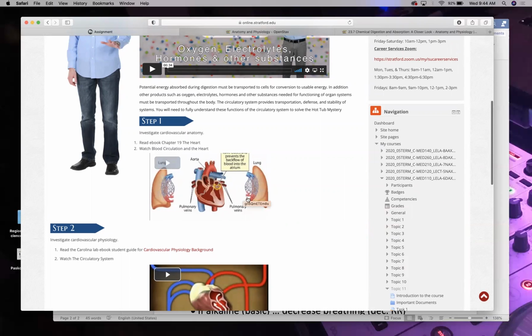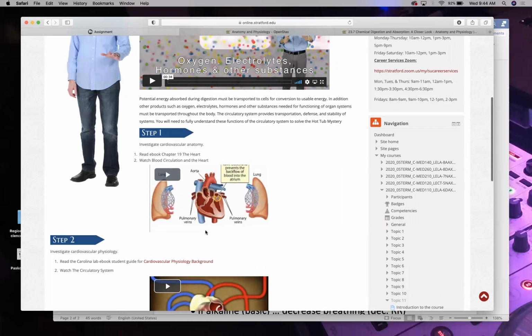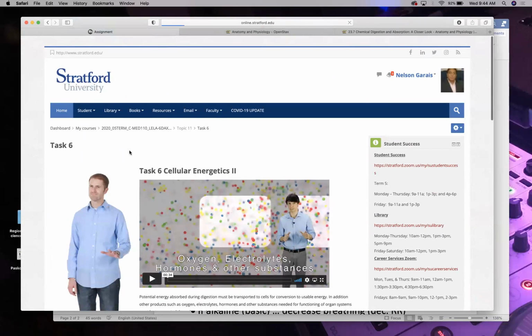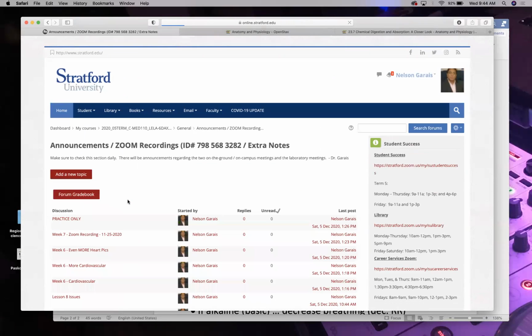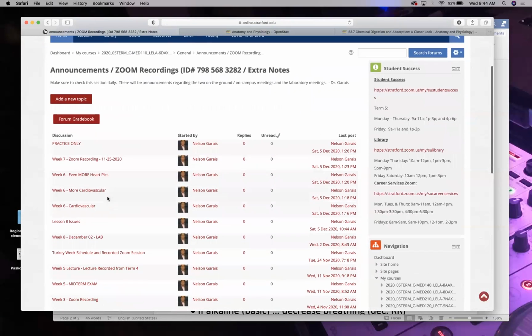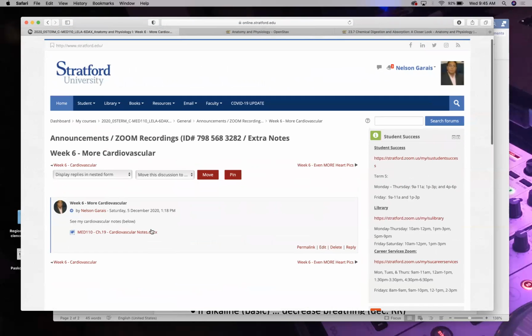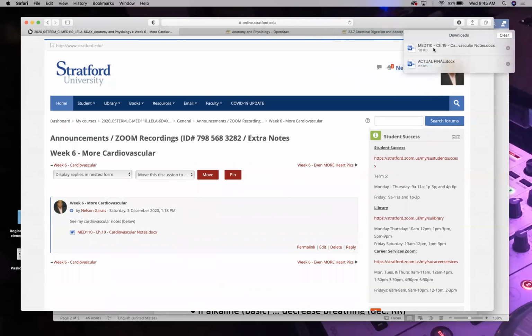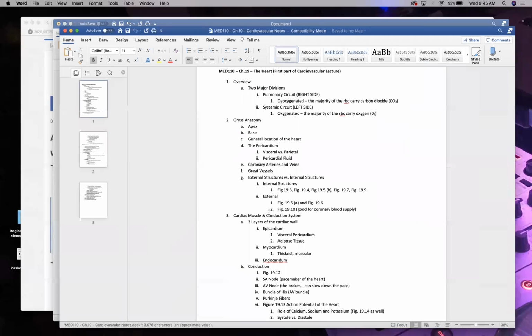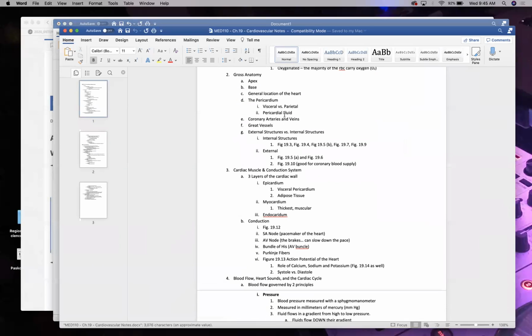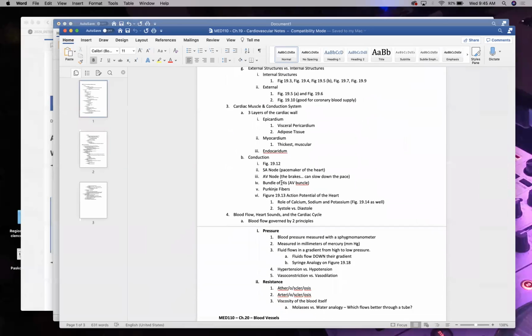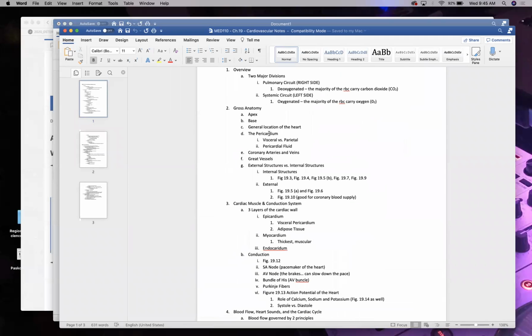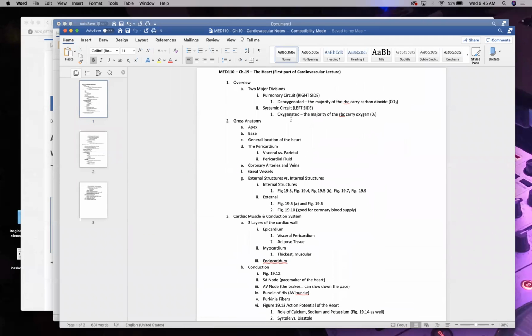And what's a big thing regarding the heart? Know the diagrams. I think I put them up in your announcements. So let's look here. Do you notice I wrote cardiovascular and I wrote more cardiovascular? I have some cardiovascular notes that I put in. So it outlines all the things that we talked about.